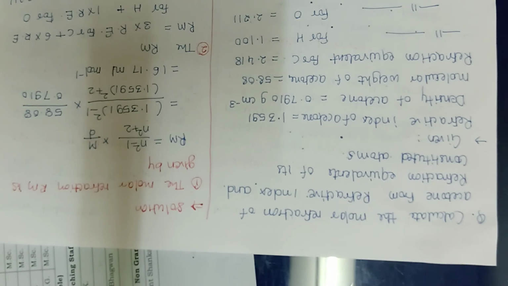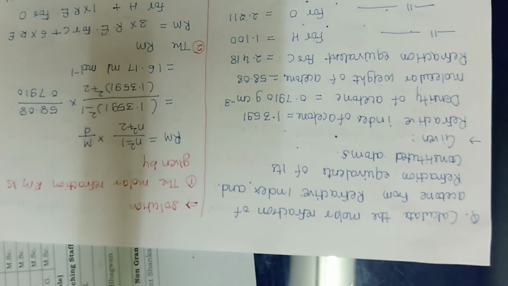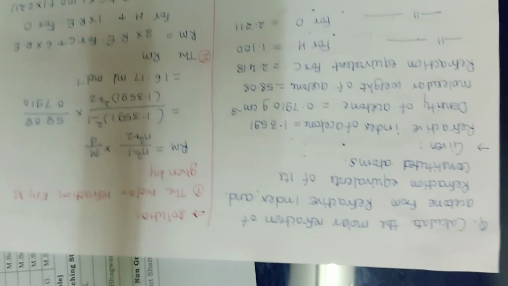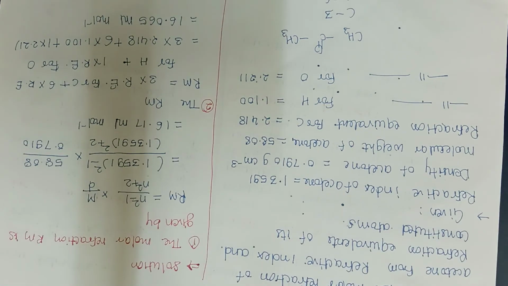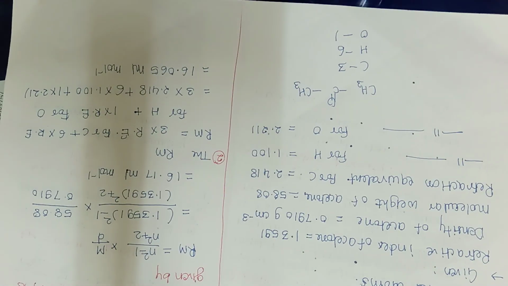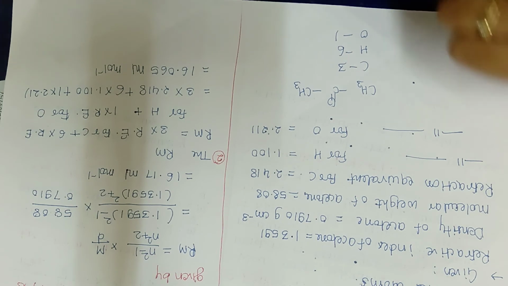Calculate the constituent atoms. C is 3 times, 1, 2, 3. Hydrogen is 6 times, 3 and 3, 6. And oxygen is 1 time. This will be useful in calculating molar refraction.